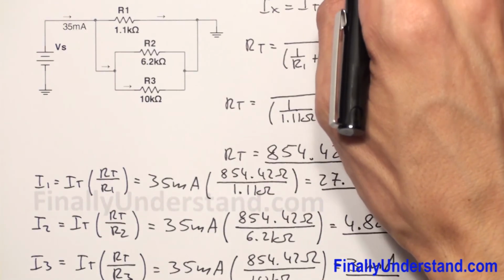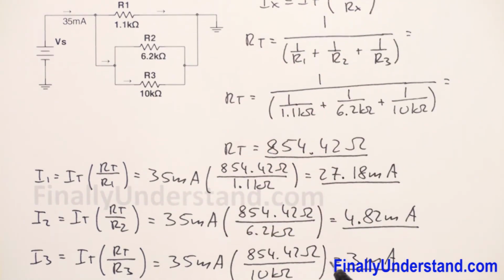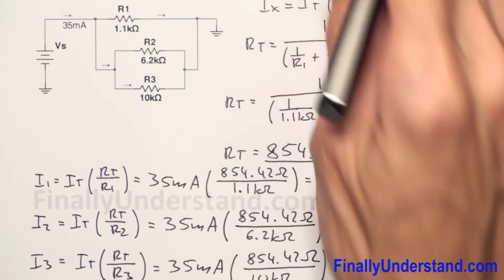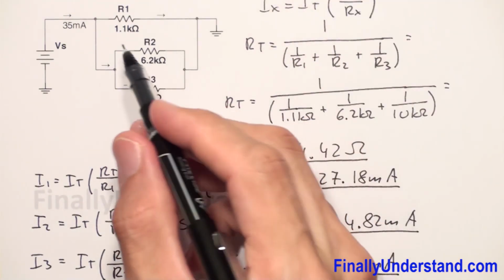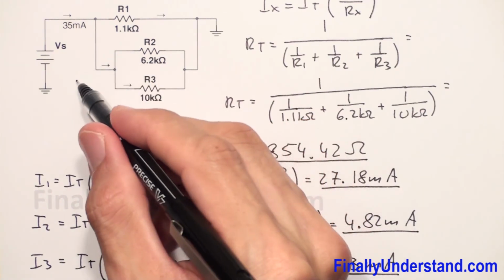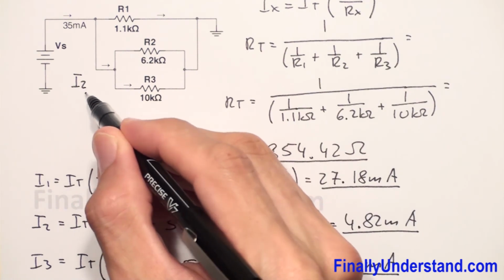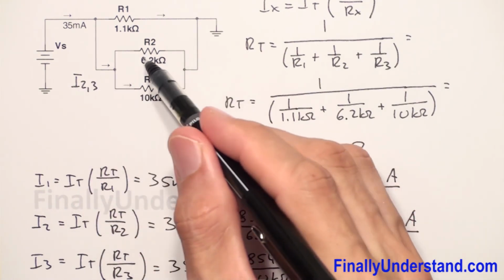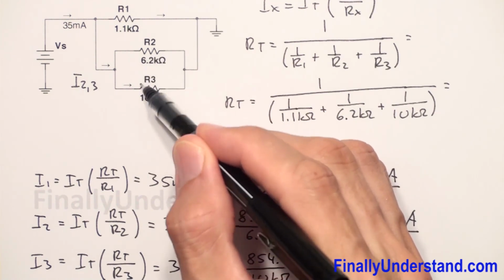But this is not the end of the problem, because we also have to find the current which goes through this node. This is current I23. I23 is the sum of these 2 currents.